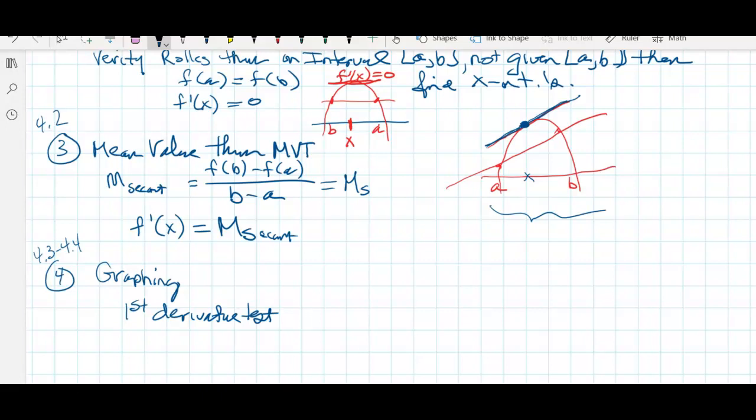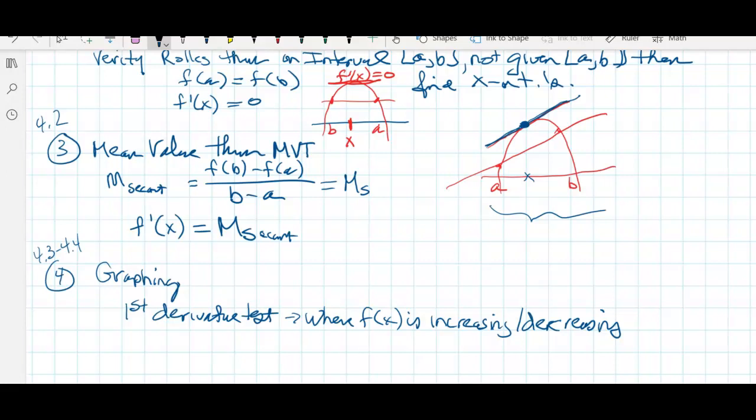And that tells you where your function is. It lets you know where f of x is increasing and decreasing. It also let us know where there were mins and maxes, right? Because if your function increases and then all of a sudden starts to decrease, you know you have a maximum.